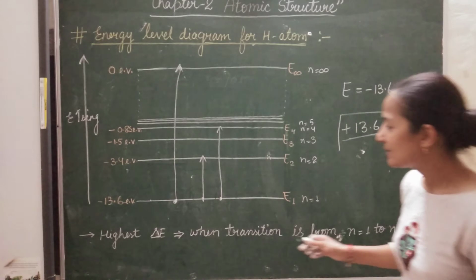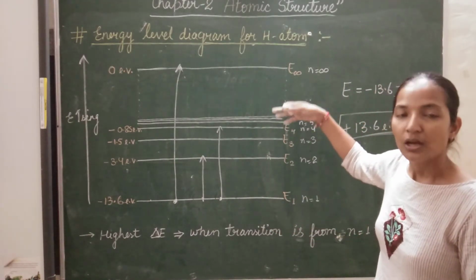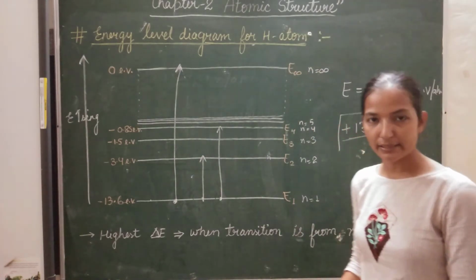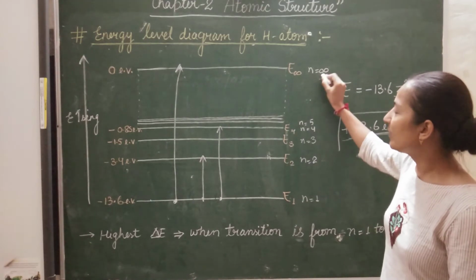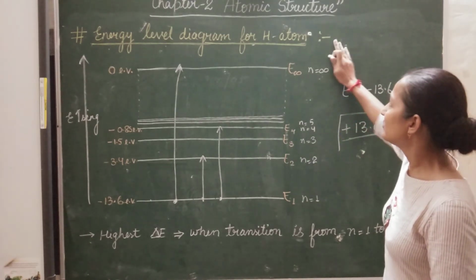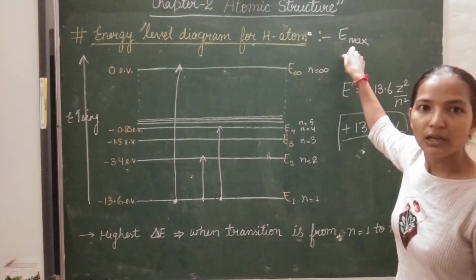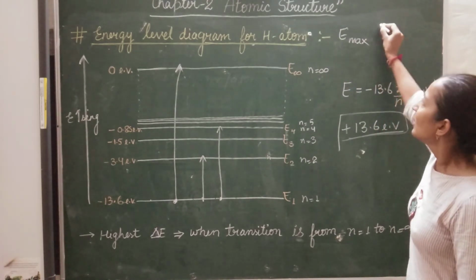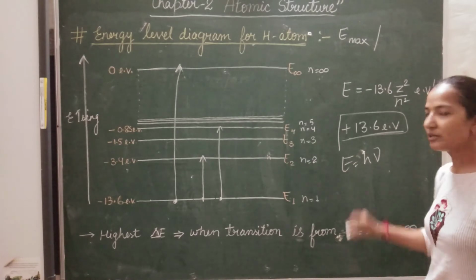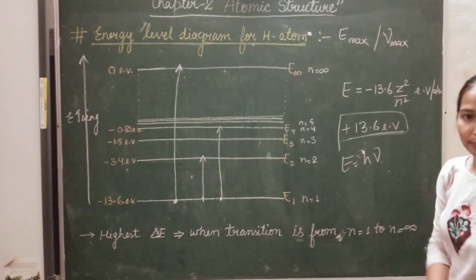Now, one more thing. At the highest stationary orbit, the value of energy will be highest. Since E is equals to h nu, maximum energy means maximum frequency at the highest energy state.